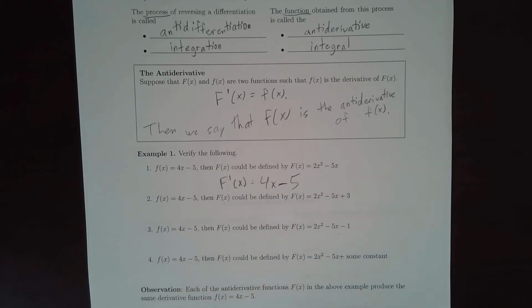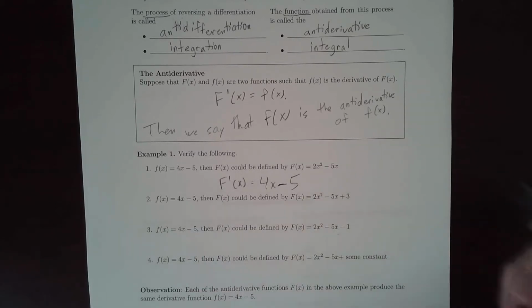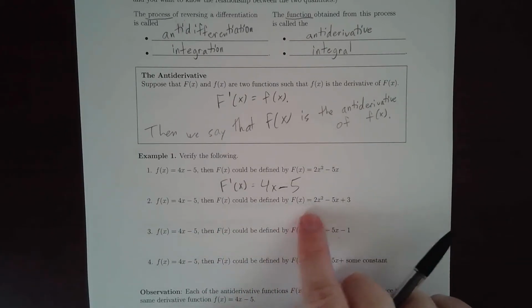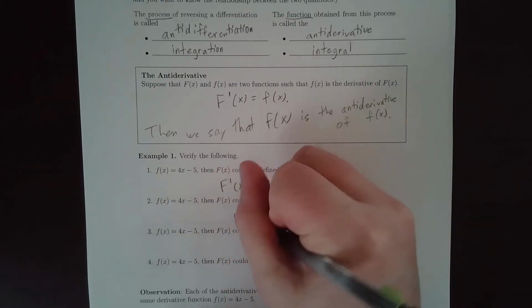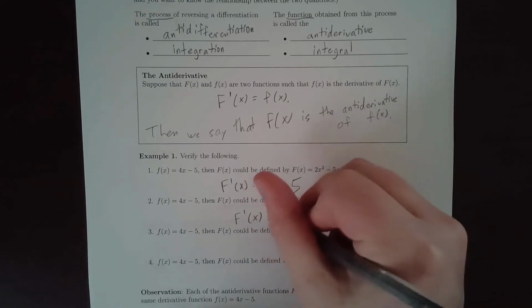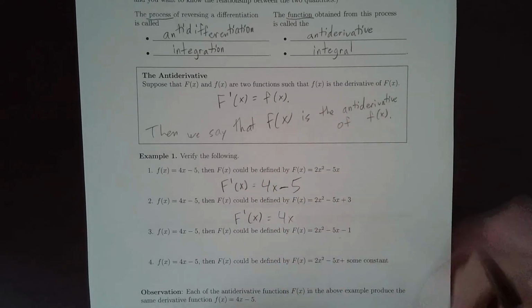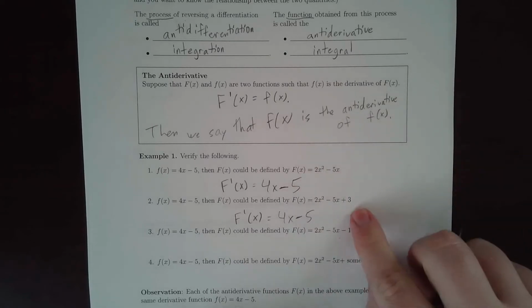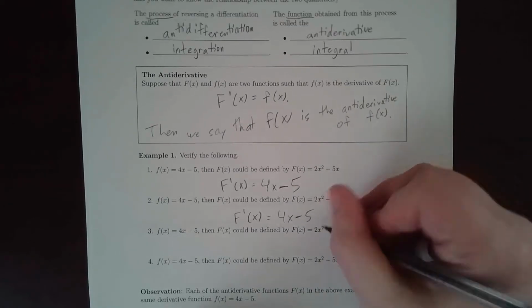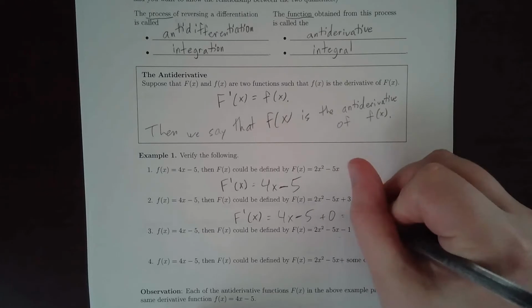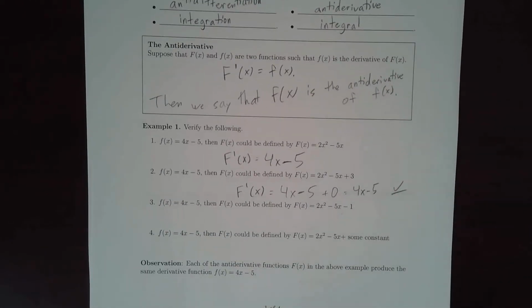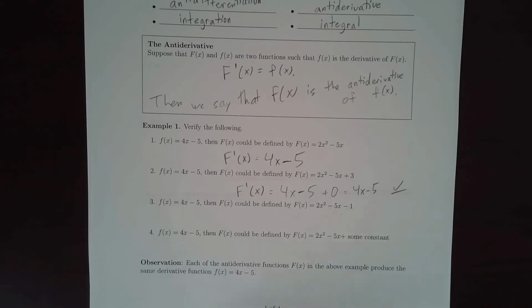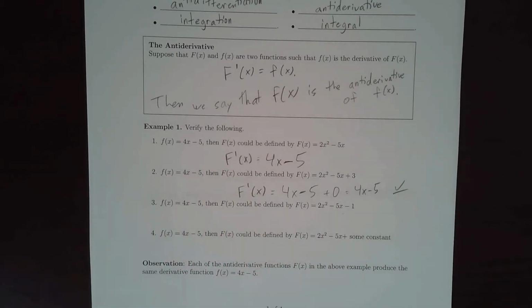I say could be because it turns out that there's more than one function whose derivative could be this. If I've got some other big F of x, which is 2x squared minus 5x plus 3, and I take the derivative, the derivative of 2x squared is again 4x, the derivative of minus 5x is minus 5, and the derivative of 3 is 0, so 4x minus 5. Again, this could be the antiderivative of this little f of x.